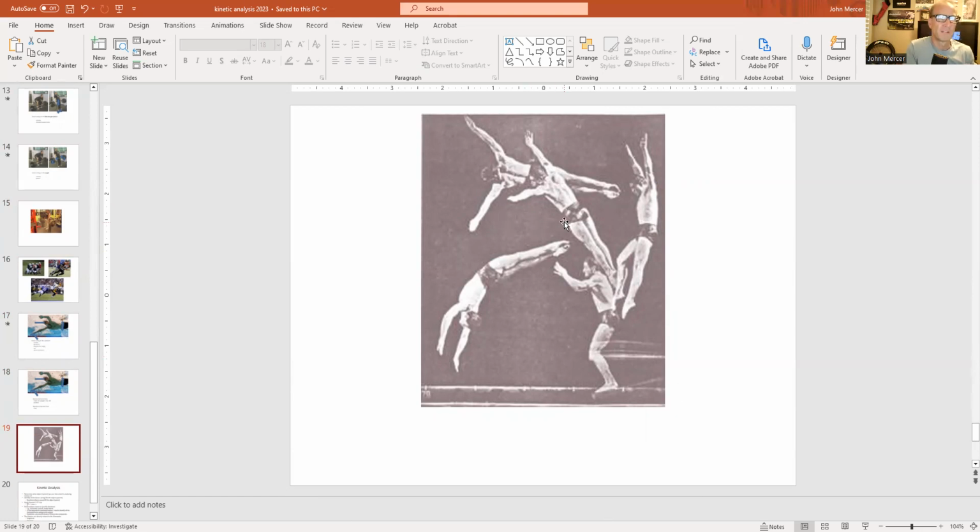And we'll learn things about angular momentum, angular impulse, and how these tasks ultimately are done. But it still starts with a kinetic analysis: identify the object that we're interested in, and identify forces acting on the object, not by the object.